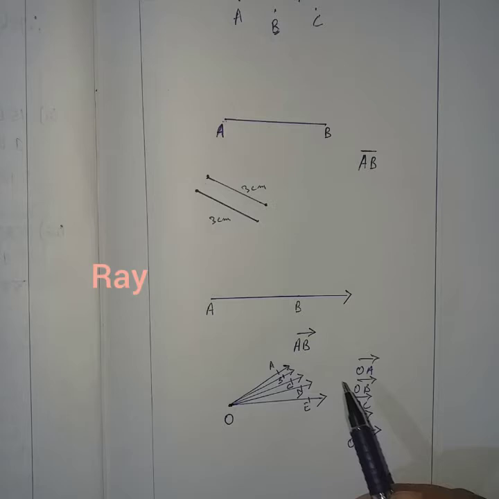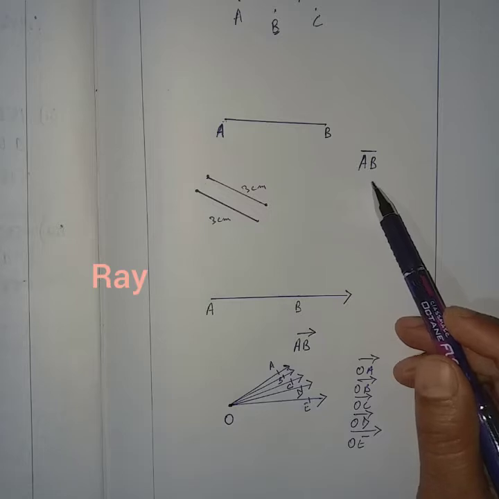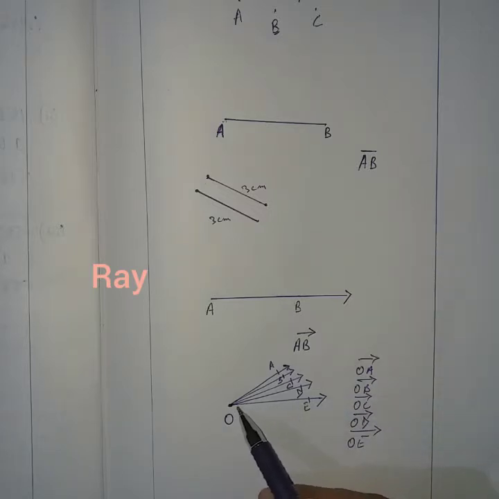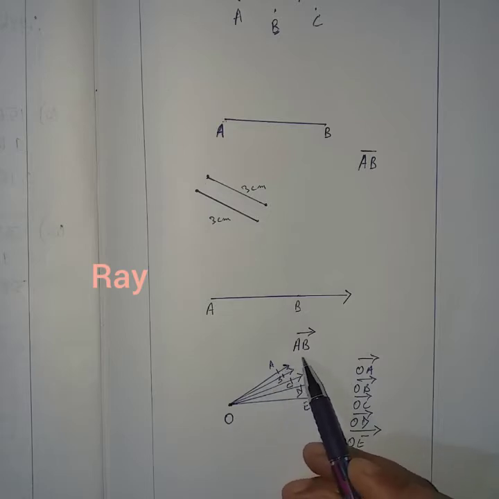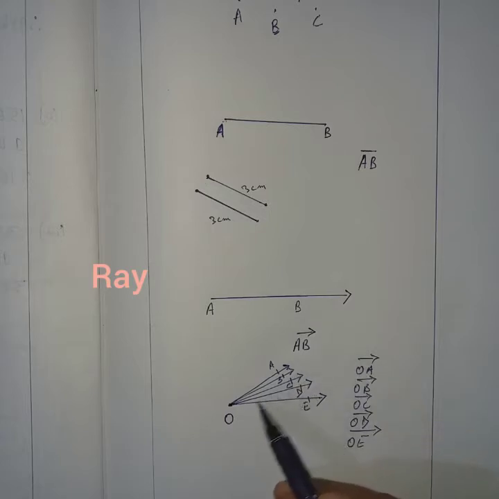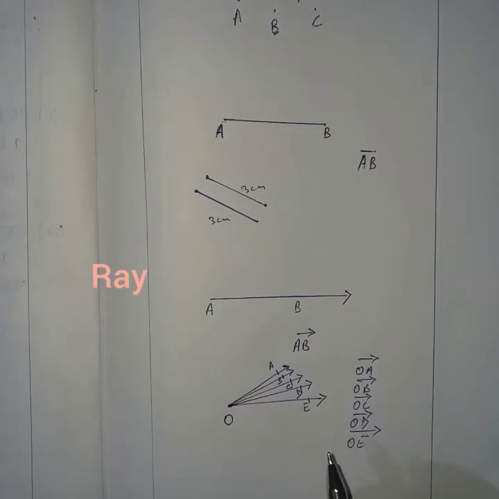Like in line segment we have definite length, but in case of ray it does not have definite length because we don't know where this ray ends. We have only one initial point, that is end point.